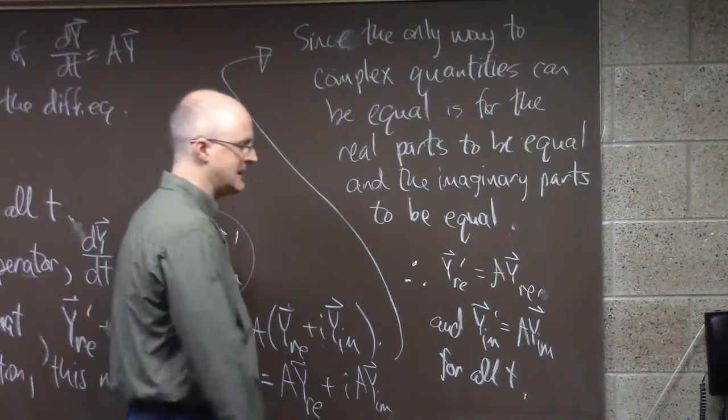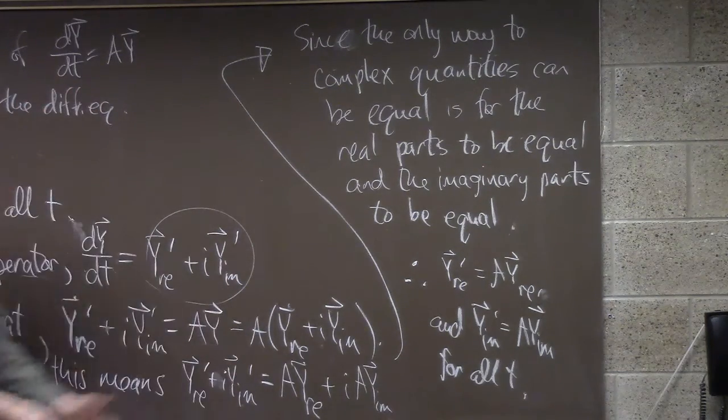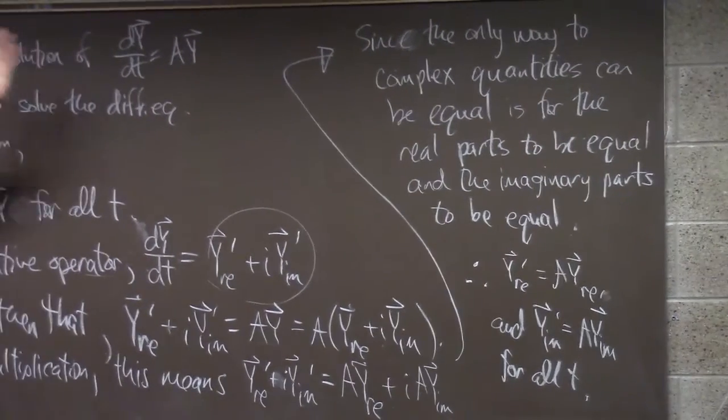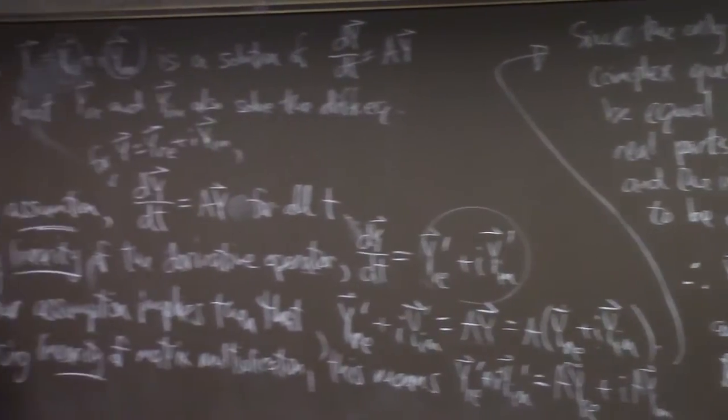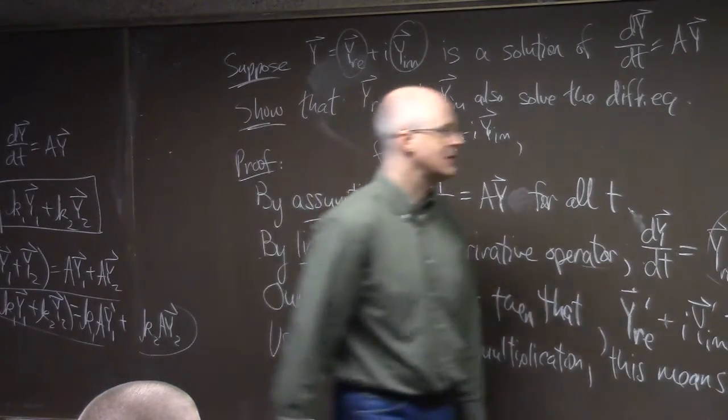You could say QED at this point. Might also be nice to add, this means Yre and Ym solve the differential equation. That might be a nice touch to add, but I would be okay with you just putting QED at this point.